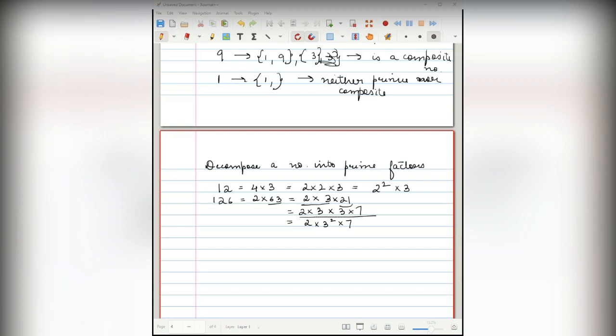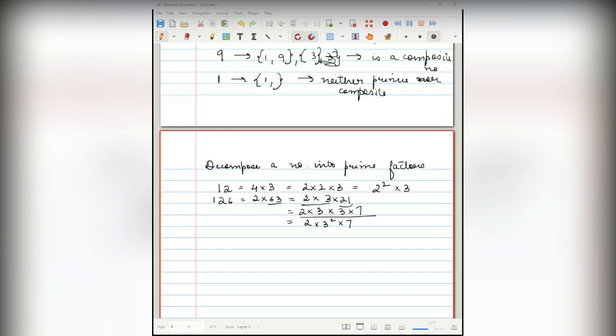So let's say we decompose into 2 square into 3 or 2 into 3 square into 7. Is this what we are trying to achieve, decompose it to the maximum? Maximum smallest prime numbers, we are trying to achieve this in this part. But here, 3 square is also a prime in this case?